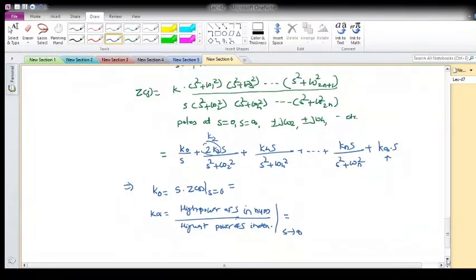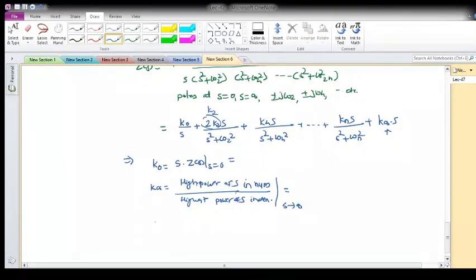All other terms will vanish. This is the residue at infinity. Or you can simply multiply 1 by s into z of s and evaluate at s equal to infinity, that way.